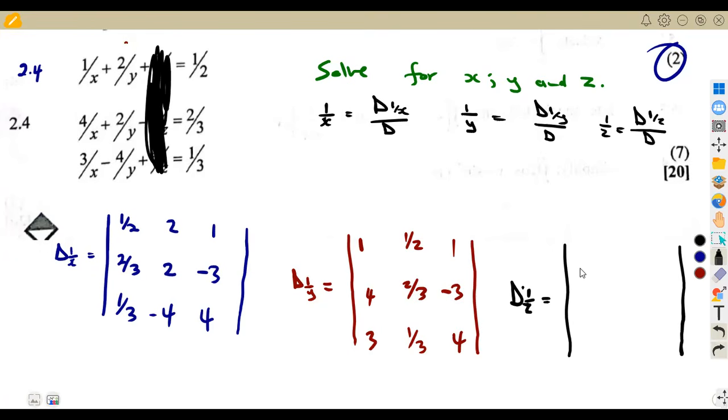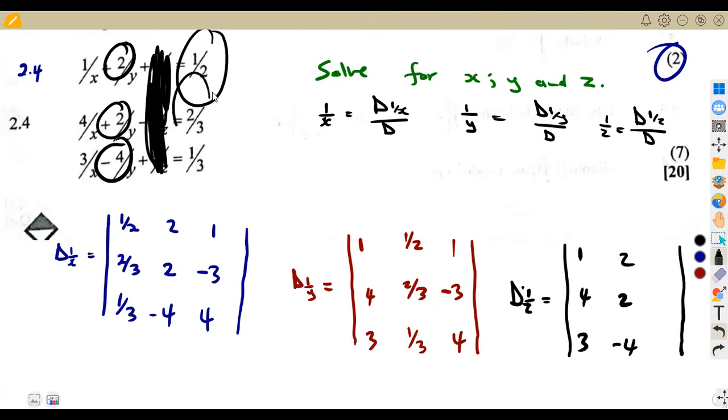So for x we're going to have 1, 4, 3. For y, we have positive 2, positive 2 again, negative 4. Then the part of 1 over z is the one that you substitute with the constants, which is 1 over 2, 2 over 3, 1 over 3, like that, okay?